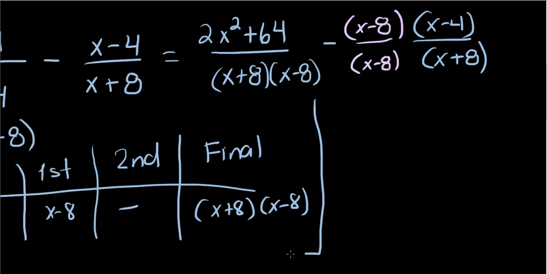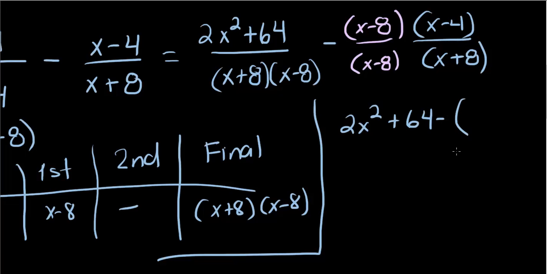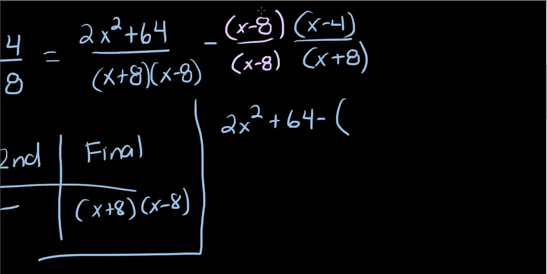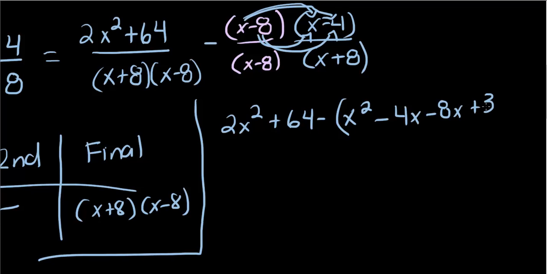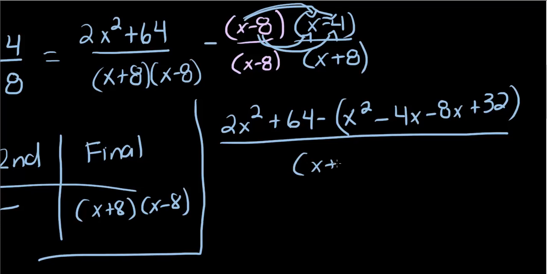So we're going to have 2x squared plus 64 minus, and then I'm going to use a parenthesis, x times x is x squared, x times negative 4, negative 4x, negative 8 times x, negative 8x, and negative 8 times negative 4, positive 32. All of it over (x plus 8) times (x minus 8).